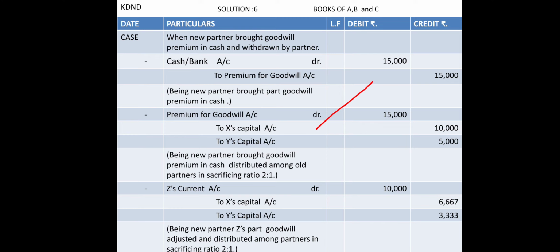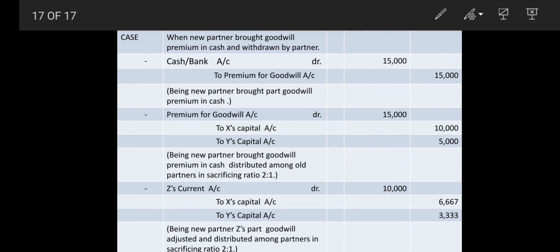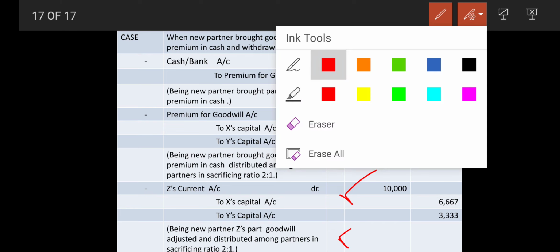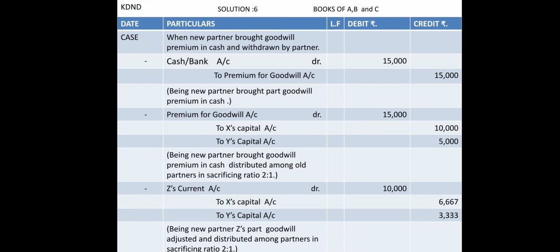So C's current account debit, you can see over here, C's current account debit 10,000 to A's capital and to B's capital in their sacrificing ratio. So 10,000 is distributed in 2:1. This way we can complete our sum with respect to when part of the premium for goodwill is brought by the new partner. Is this clear? Okay. Thank you.